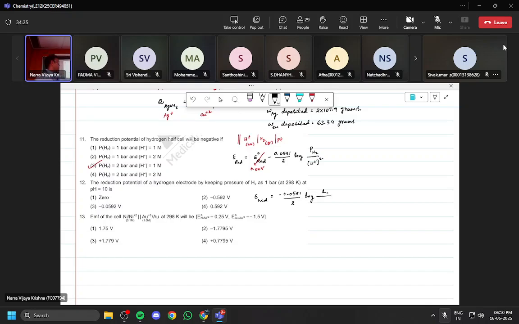They gave pH equal to 10, so what is the concentration of H plus? 10 power minus 10. Correct? pH equal to 10 means the H plus value is 10 power minus 10. It means a basic medium. So now find it.